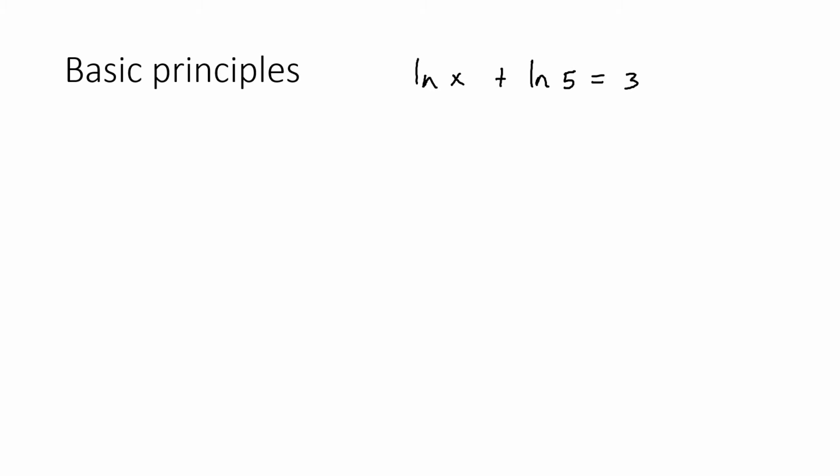Some of us might go straight to exponentiating, and say, put a base of e on both sides, and then somehow end up with x plus 5 equals e to the third. But this would be incorrect because we're not really sure: does the exponentiation go to this natural log, or this one, or both of them?